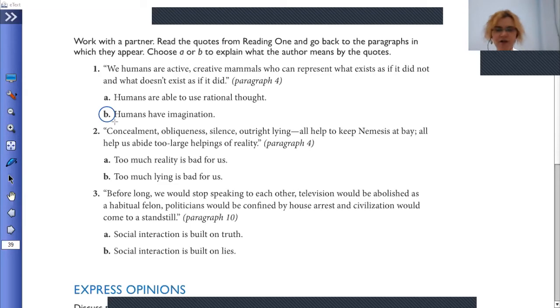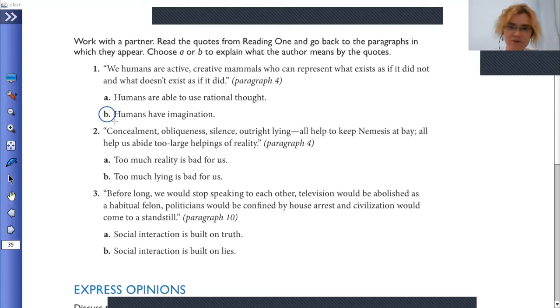Very good. Okay, what does the author try to say about number 2? And that one I'm going to ask Matthew. Concealment, obliqueness, silence, outright lying, all help to keep nemesis at bay. All help us abide 2 large helpings of reality.